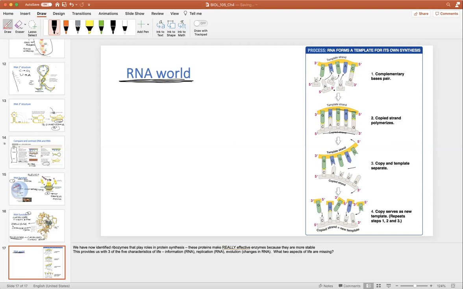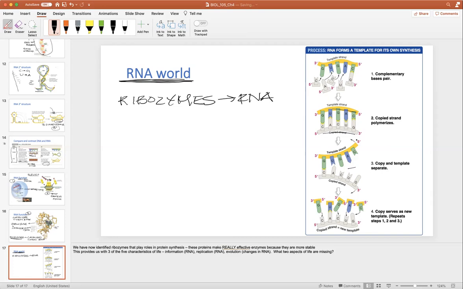This wouldn't happen with DNA so much because DNA is quite stable, but RNA, we do think through the use of ribozymes as the enzymes that cause this to occur, that ribozymes could have made a bunch of RNA, okay?